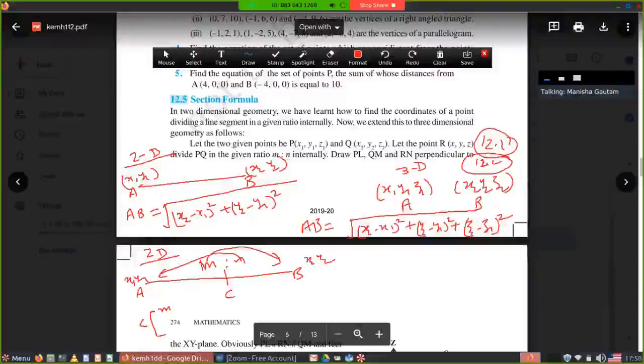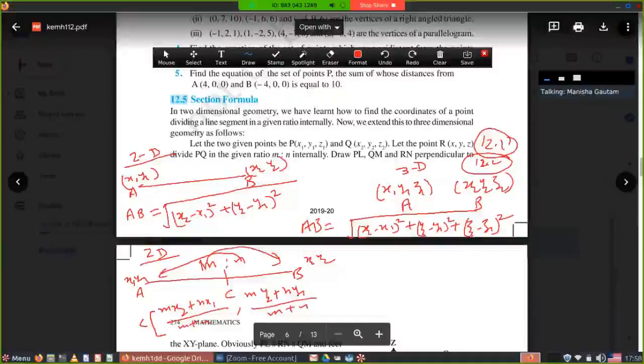You will get (mx2 plus nx1) upon (m plus n), and the second coordinate (my2 plus ny1) upon (m plus n).